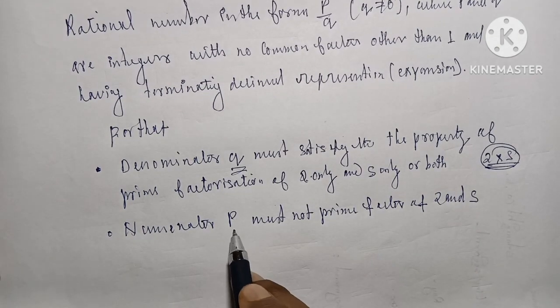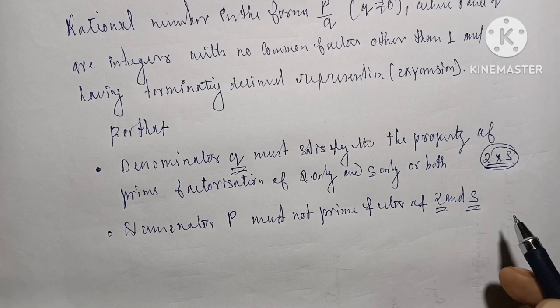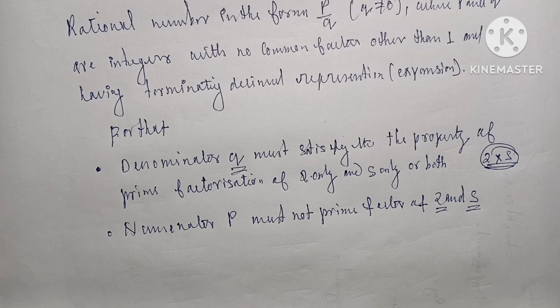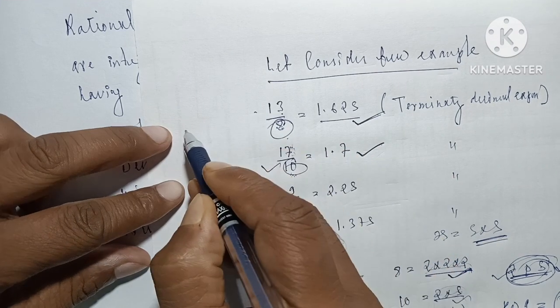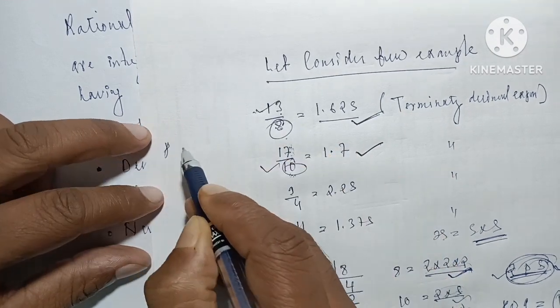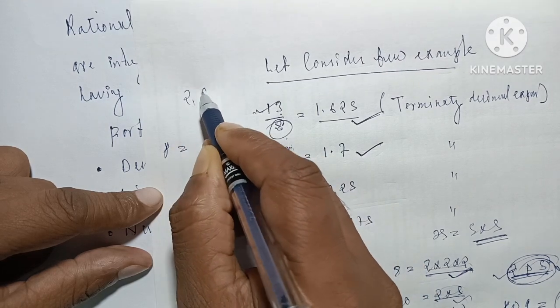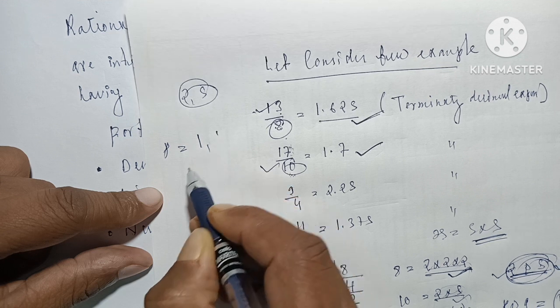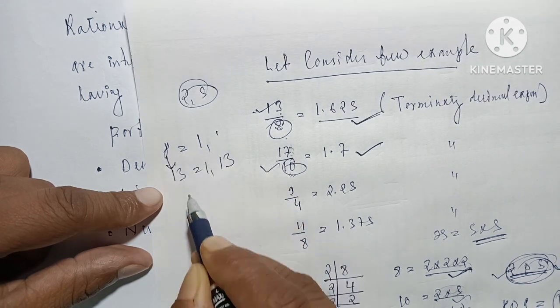It means the numerator P should not be a prime factor of 2 and 5. Other than the prime factors 2 and 5, you choose such a number. Consider, for example, 13 as P. This is not a prime factor of 2 and 5. The factors of 13 are 1 and 13.